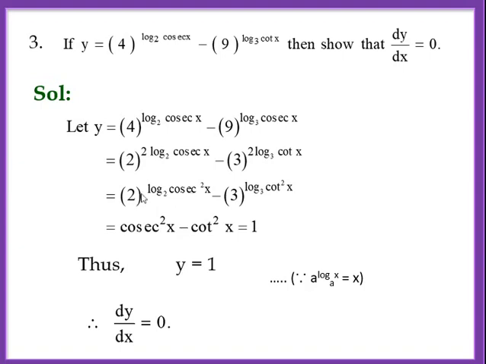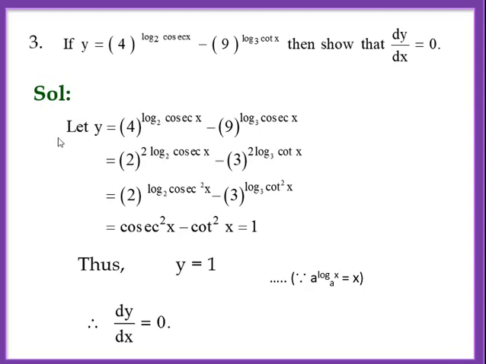So this is 2 raised to log of cosec square x to the base 2 minus 3 raised to log of cot square x to the base 3. But remember, a raised to log x to the base a is nothing but x. I have already explained this. We have used this at least 2 to 3 times. In that case, base was not a, base was e, but it is true for all the valid bases.